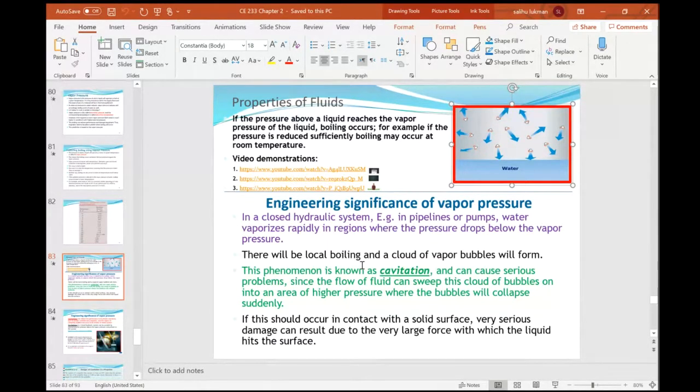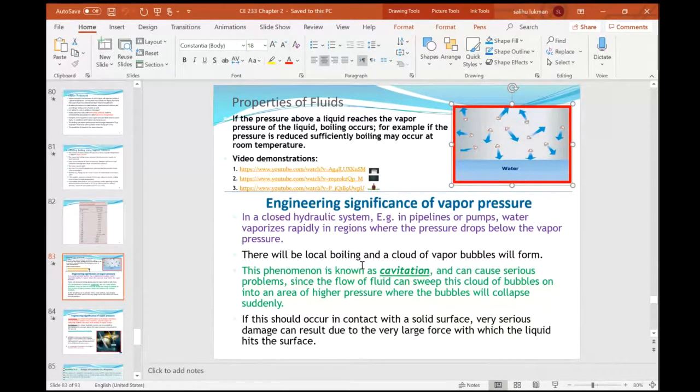When the pressure in the pipeline is maintained above the vapor pressure, you have no problem. But when it reaches a region where the pressure reduces below the vapor pressure of water, bubbles will form.